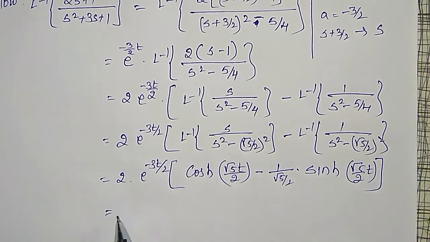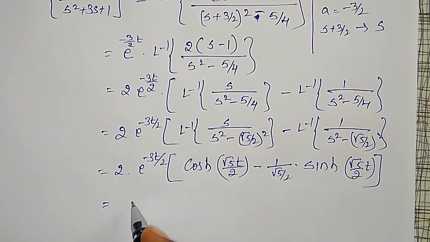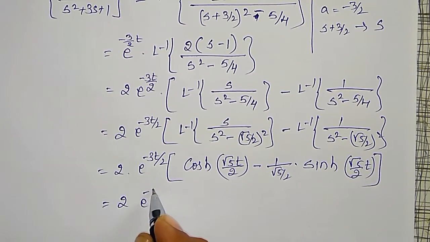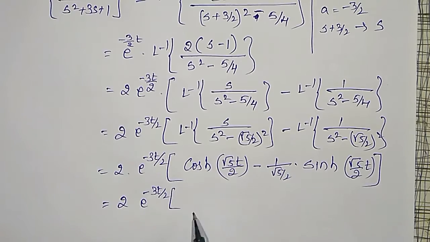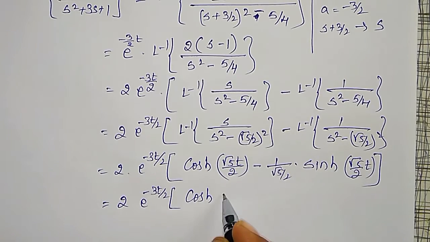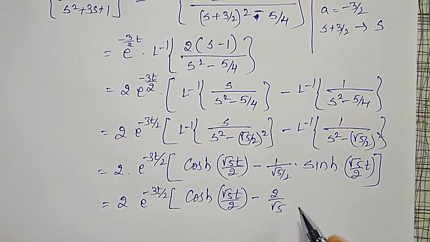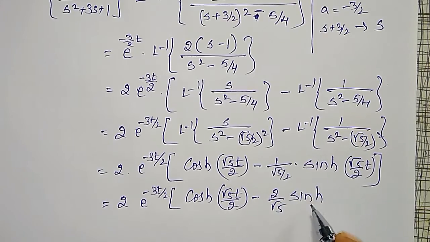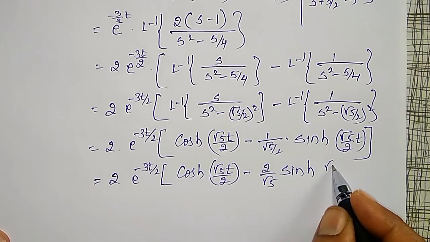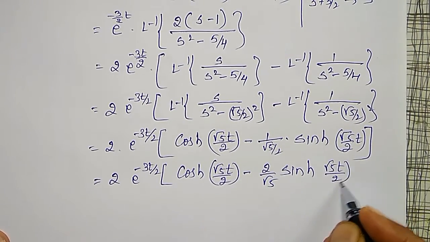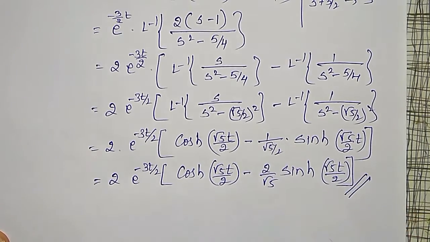I'll just write it once again, adjusting terms: 2 into e to the power minus 3t by 2 into cos hyperbolic root 5t by 2, minus 2 by root 5 into sine hyperbolic root 5t by 2 is the required answer.